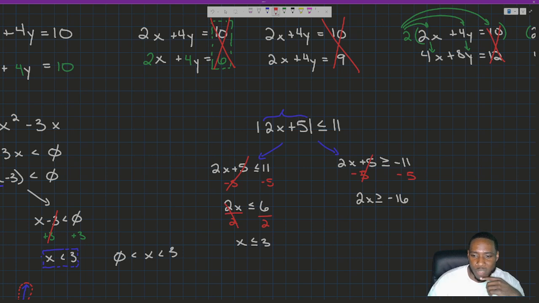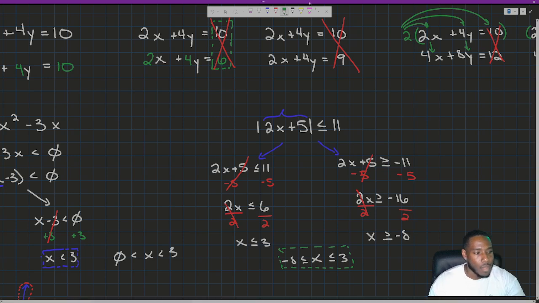Then we divide both sides by 2, same as before. And now we end up with x is greater than or equal to negative 8. So x is less than or equal to 3, but greater than or equal to negative 8. We can write that out in the compound inequality. X is in between negative 8 and 3. Okay. Let's go ahead and write that down.